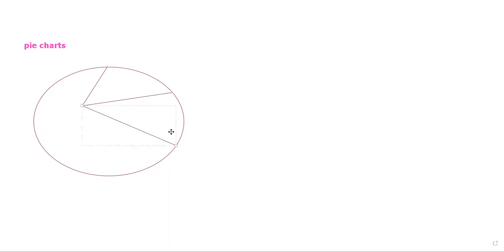This is another type here, and this is here. You see that this circle is divided into some suitable fractions, or you can say proportions.